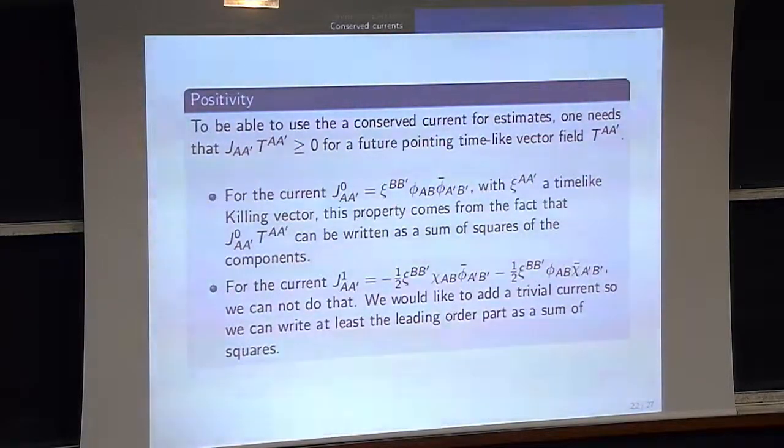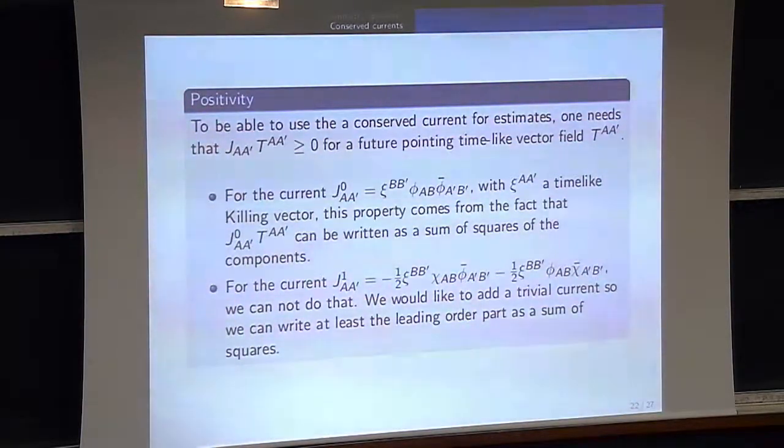So if we want to do estimates, we really need to have some nice sign. So non-negativity, if we contract with a future-pointing timelike vector field, is certainly useful for that purpose.